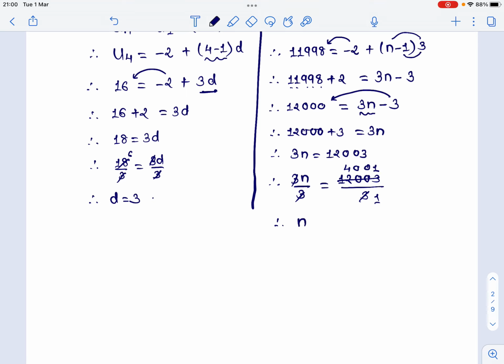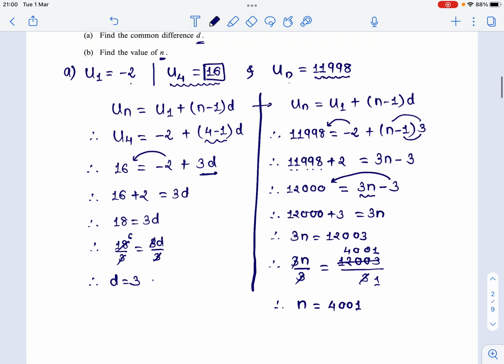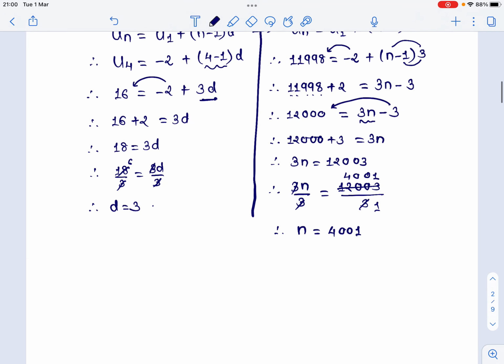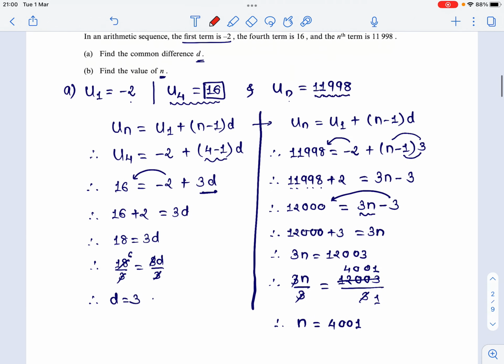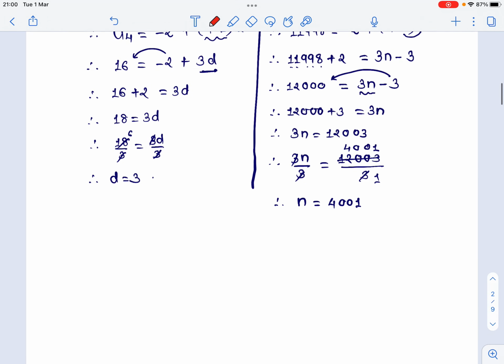So your n is 4001. So the 4001st term is basically your 11998. So your final answer: the difference is 3 for part A, and the nth term number is 4001.